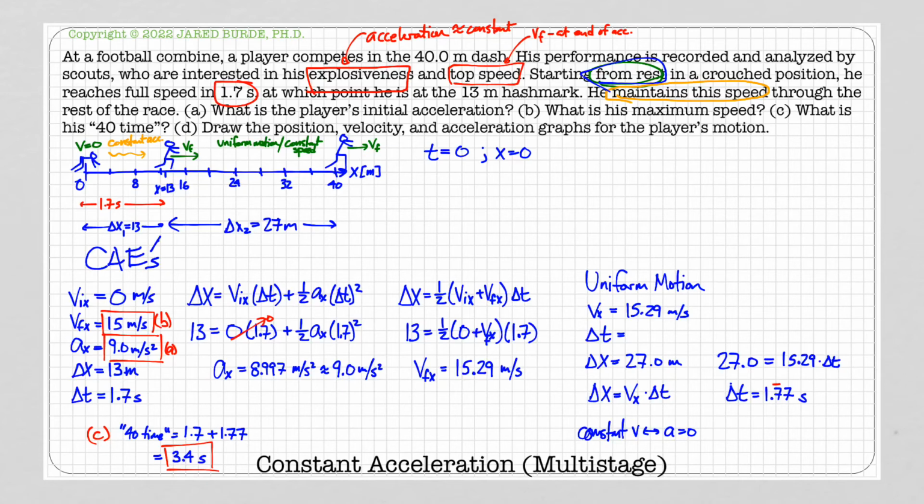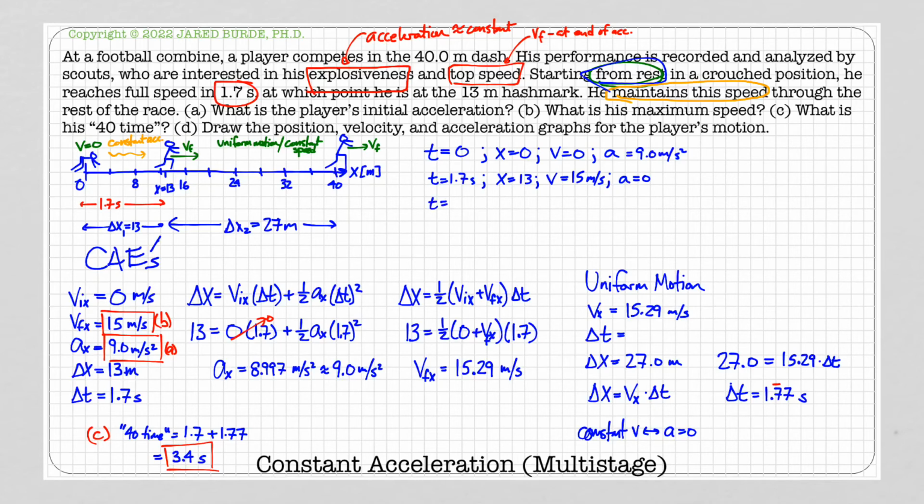We know that our velocity was 0 because we're starting from rest, and our acceleration during that interval we found to be 9 meters per second squared. At t equals 1.7 seconds, we found that we were at the 13 meter mark. Our velocity had reached 15 meters per second. And our acceleration at this point goes to 0 because we had uniform motion.